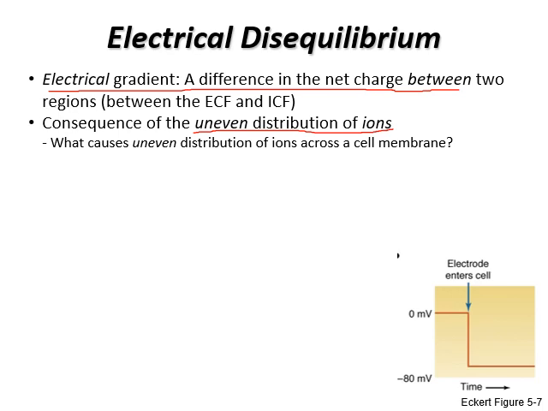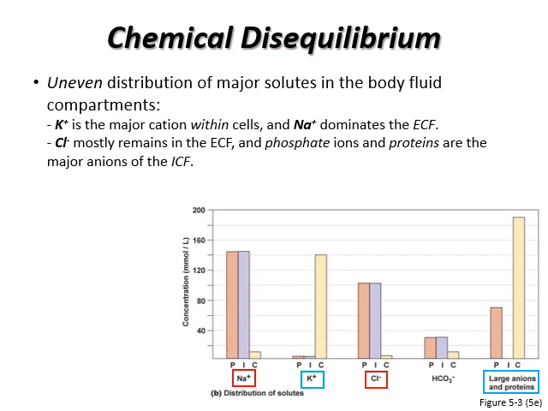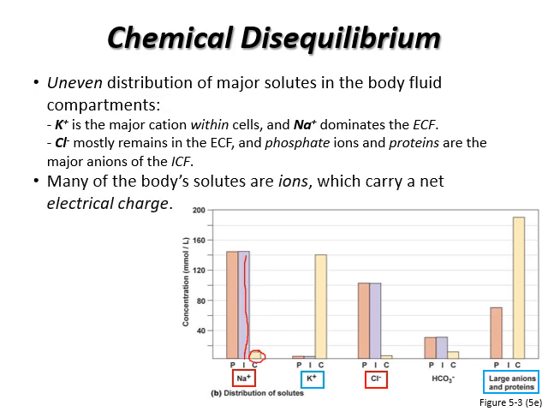So that helps give us that electrical disequilibrium, and we can see that chemical disequilibrium is helping maintain this. You can see here, I is for interstitial in this case, and C is for what's in the cell.